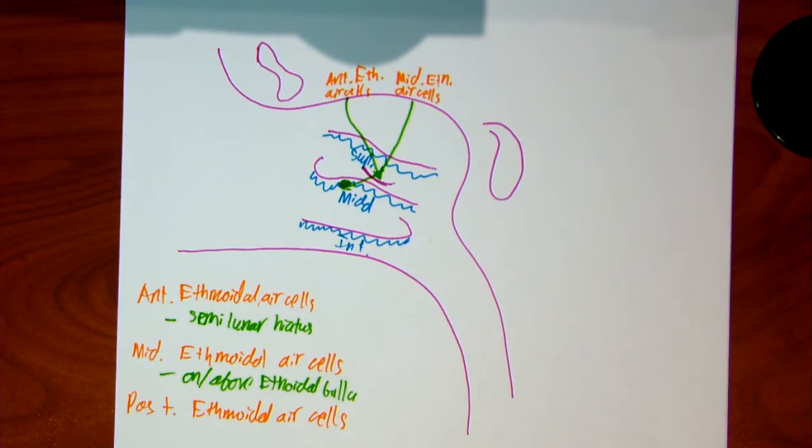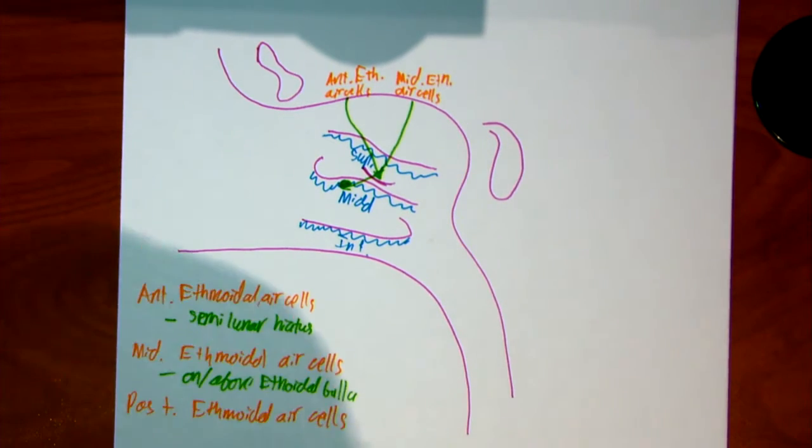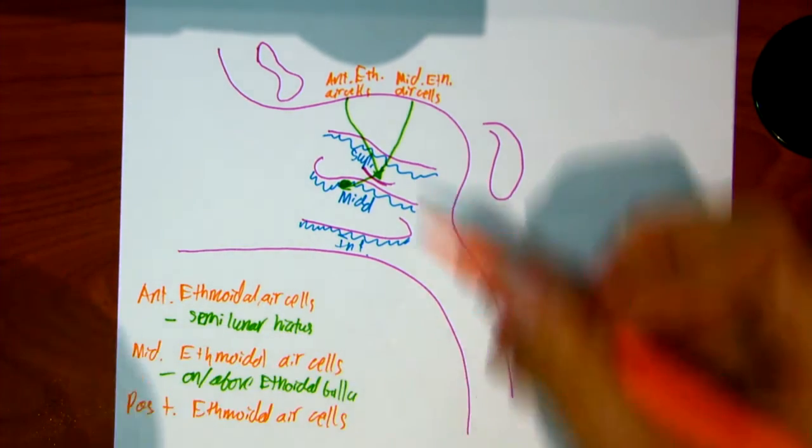It's important to know the location of the bulla. All right, so what about the posterior ethmoidal air cells?